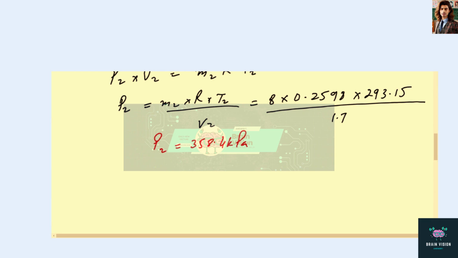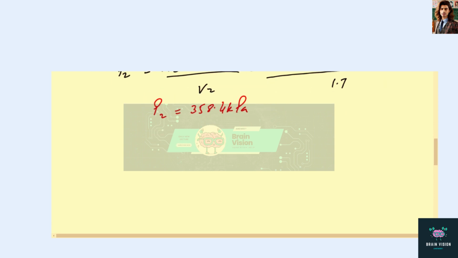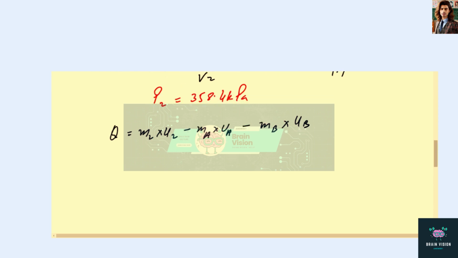Now the heat transfer is Q is equal to M2 into U2 minus MA into UA minus MB into UB, and we can write it using heat capacity instead of internal energy.